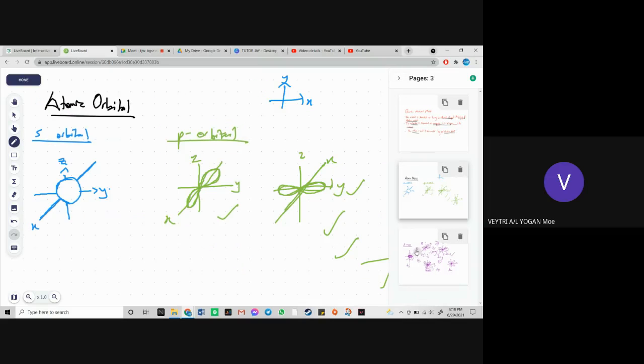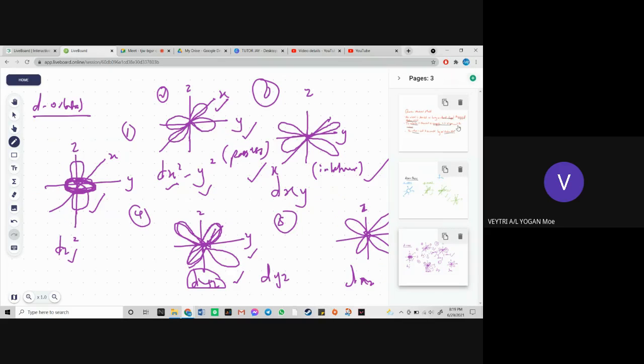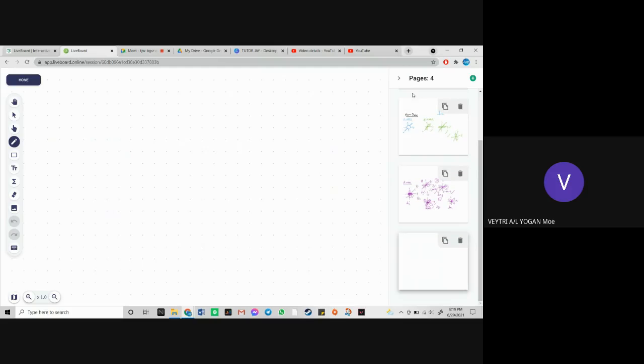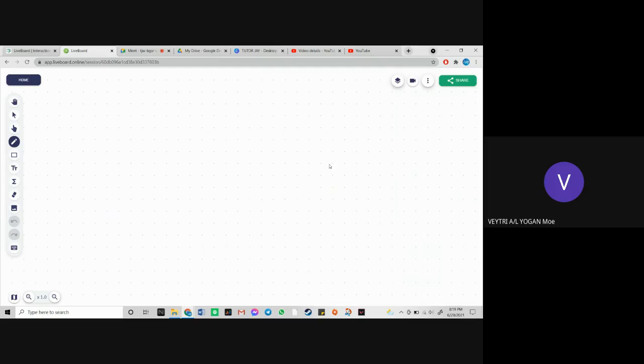Now let's have a look at what we're going to learn further which relates to this s, p, and d orbital. Okay, now an orbital has 4 quantum numbers. Now let's learn on quantum numbers. This is very related to the orbitals that we learned just now.